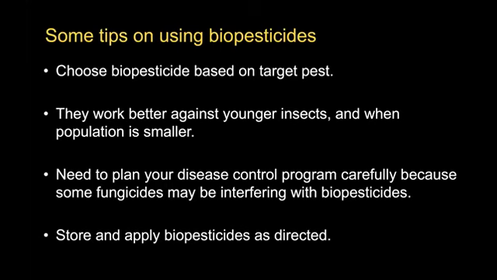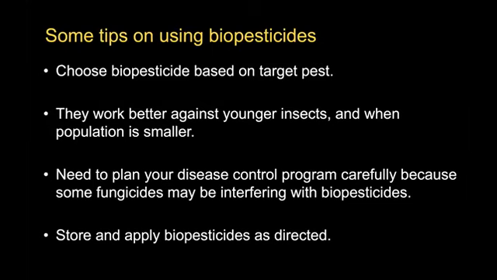They work better against younger insects and when the populations are smaller; their efficiency reduces as the population grows bigger. And also, when we plan to apply these biopesticides, it's very important to plan accordingly so that your disease control program doesn't interfere with the biopesticides.